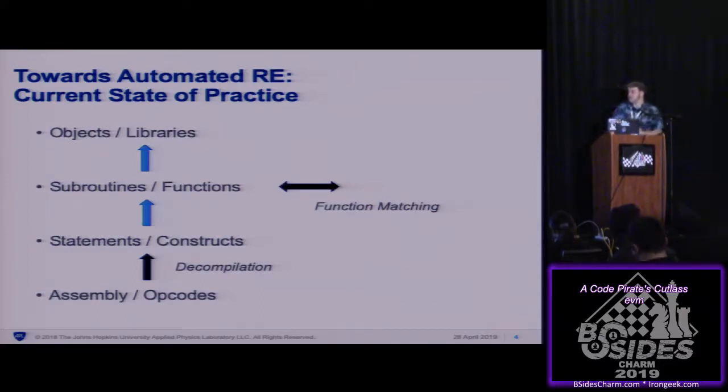As I mentioned, the current state of practice in RE looks kind of like this. We've got decompilation that takes your disassembly and translates it into a high level language like C. There's no problem with that, but what you don't get out of it is C source that's labeled with function names and variable names, right?